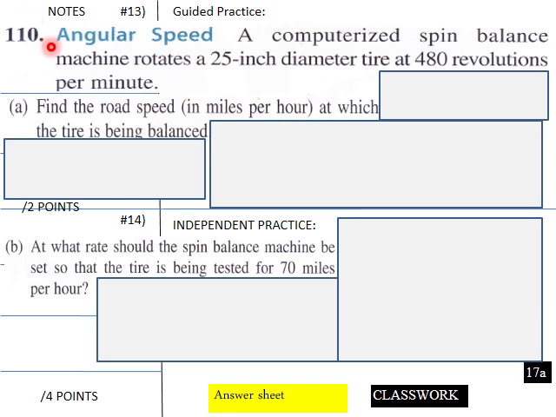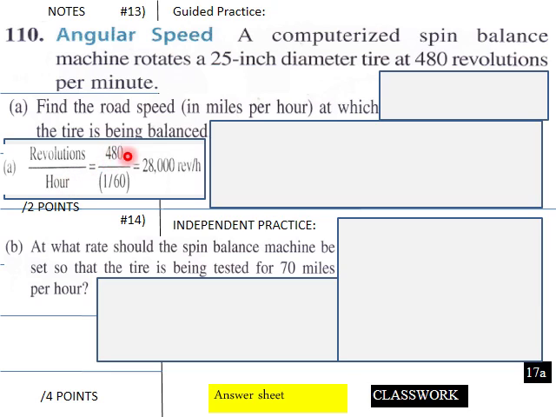So to do this problem here of angular speed, we need to figure out a 25-inch diameter tire that we know goes at 480 revolutions per minute. So we need to find the road speed at which the tire is being balanced. So we need to convert it into revolutions per hour.